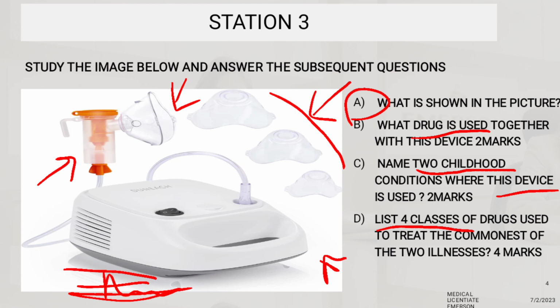Then the particles are larger than with a jet nebulizer. Then the last type of the nebulizer is called a mesh nebulizer, which just uses a liquid that passes through a very fine mesh to form the aerosol. So that's all for this. So check out the other case study on nebulizers. That's to see how case studies come.